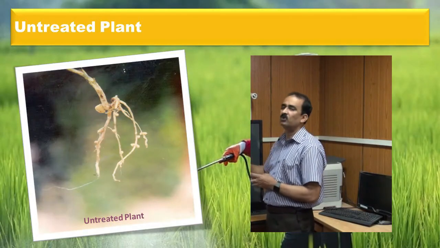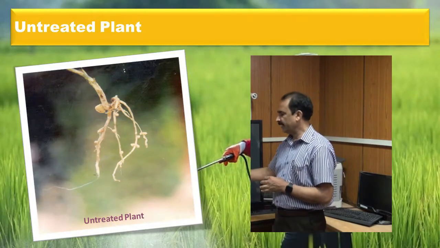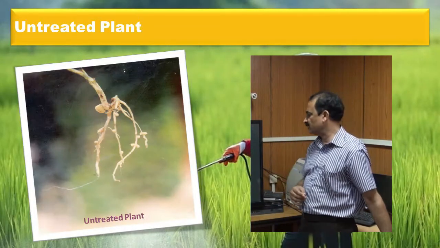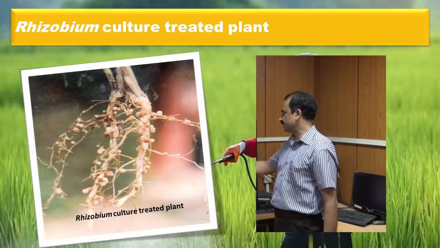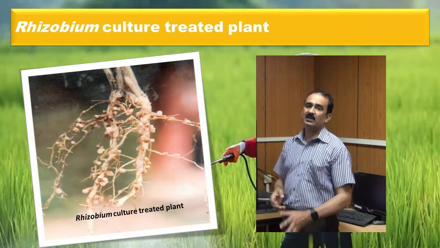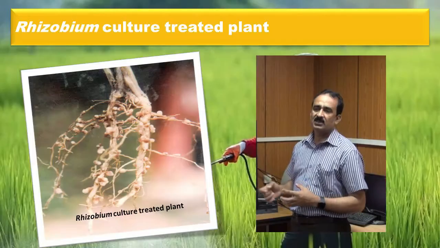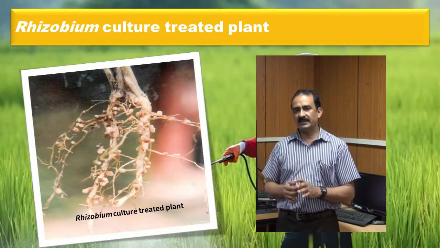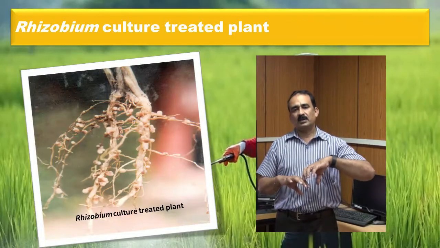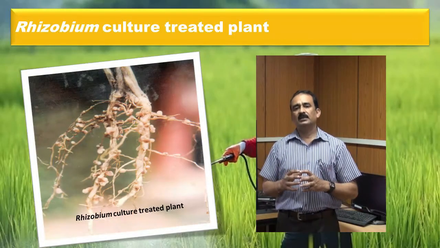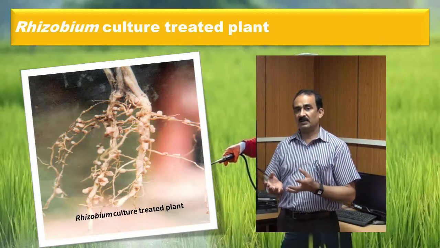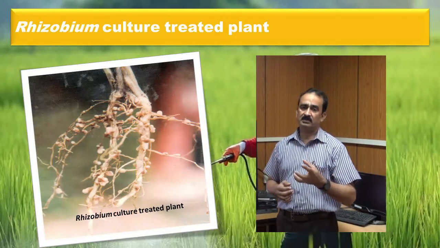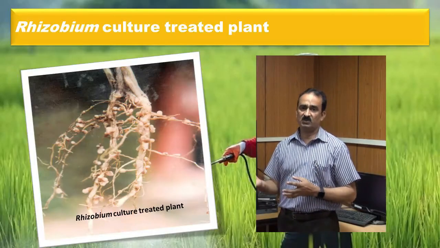You can count the root nodules. How many? Ten or twelve maximum. But after inoculation of the biofertilizer, especially Rhizobium, you can see a structure like this. You are not able to count these nodules. More bacteria enter the root cortex and make more root nodules, so if root nodules are more, then nitrogen fixation is more.